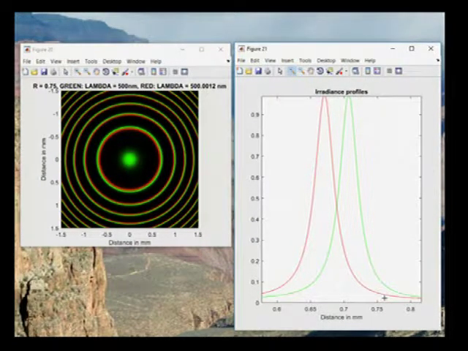And if we were to add up the irradiance values for the total irradiance, it would be very difficult to see the fact that we had two peaks there, except you could just resolve it. So this is the point where we're going to say, okay, at this wavelength difference, we can just resolve the two wavelengths.